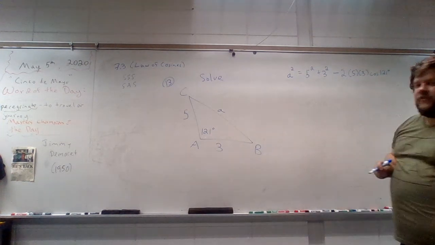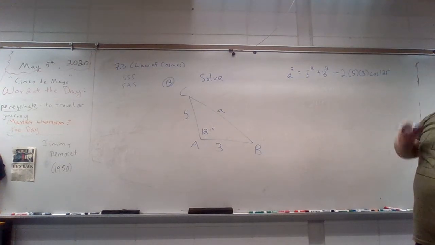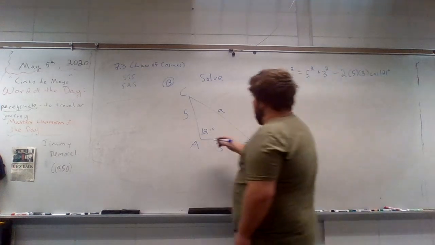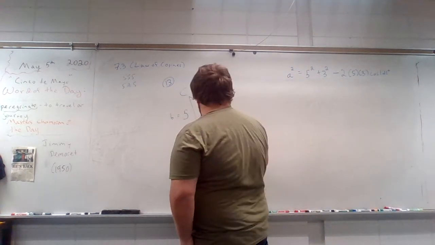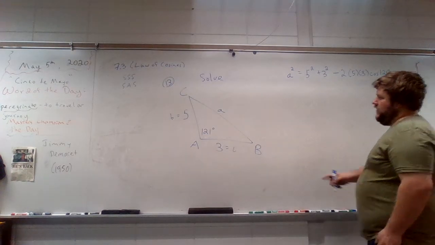And that's the law of cosines. That's really all it is. I can label all that, like I could call this little b, this little c, and this big A, and you can plug it in to see it's the same.